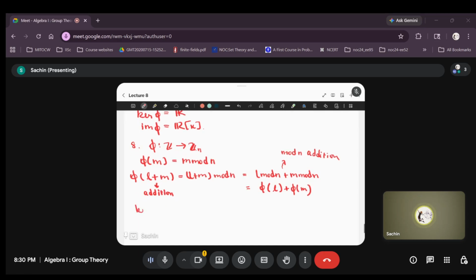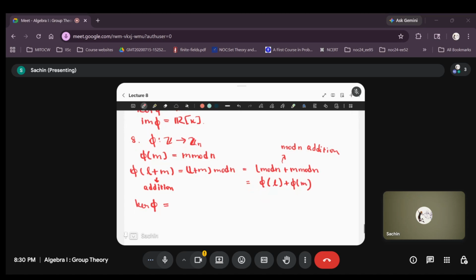What is the kernel of the homomorphism? It's all multiples of n, or you can say it's nZ.